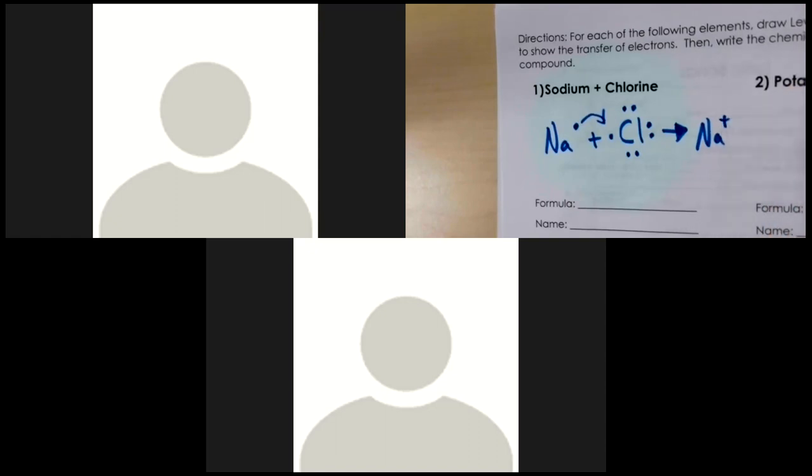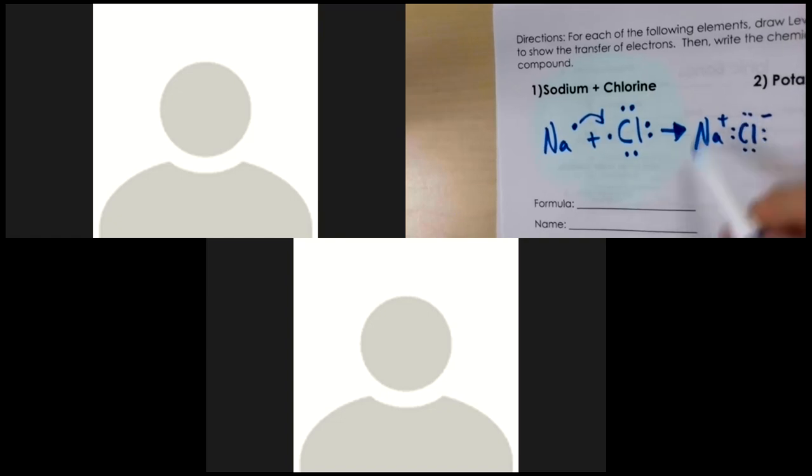Good. So I put a plus sign there. And then right next to it, I draw chlorine, and chlorine now has 8 dots because it gained that extra electron. And now because it gained 1 electron, it has a charge of -1. Okay, so this shows me the formed compound.